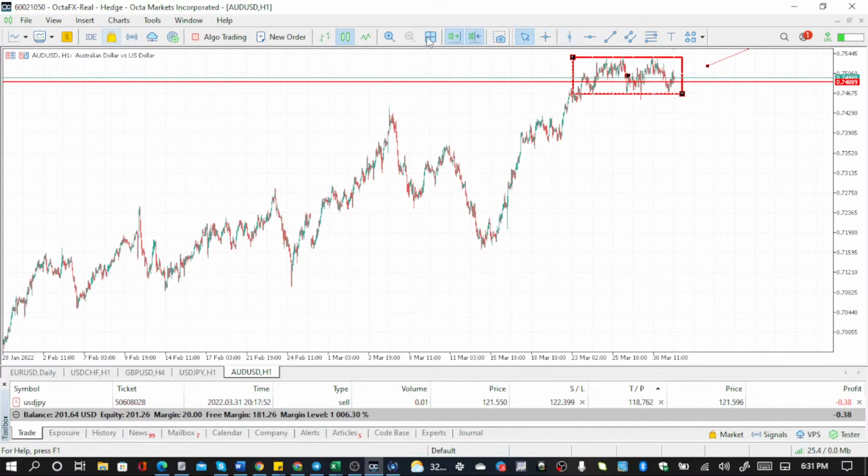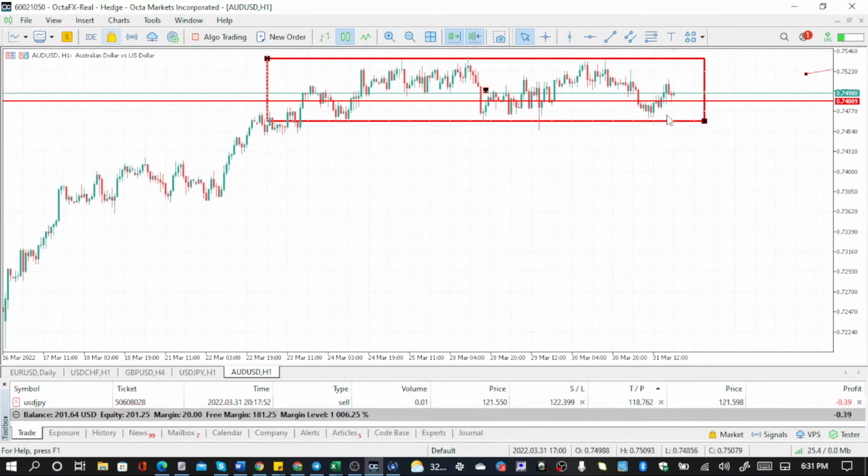Either you wait until the price breaks out of this consolidated box, or you wait for the price to break down. Either the price breaks above it or the price breaks below it. You have to wait for the price to either break out of this level or break below this level.